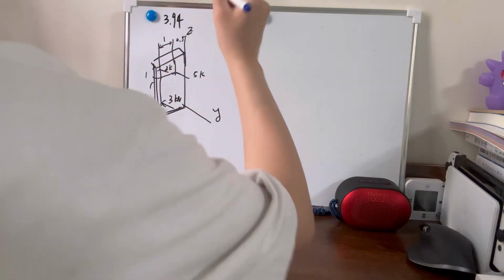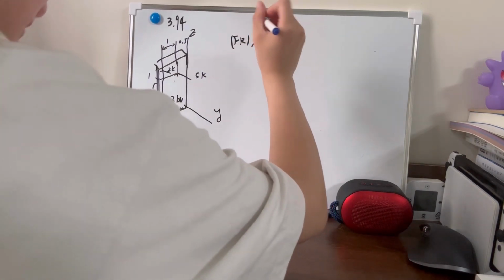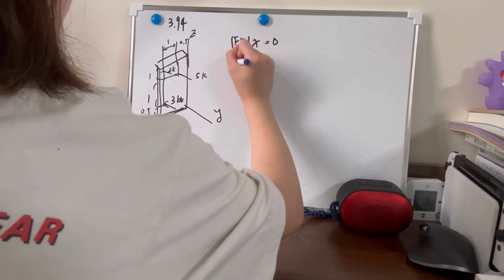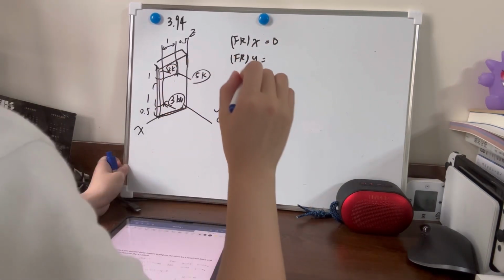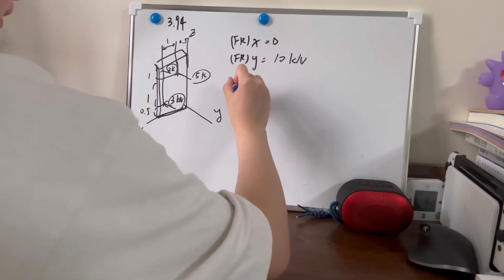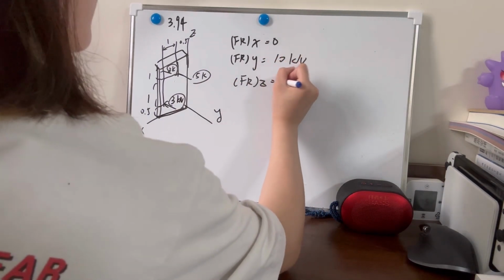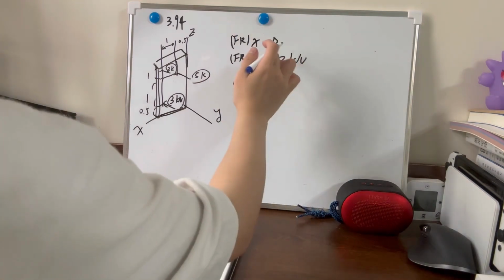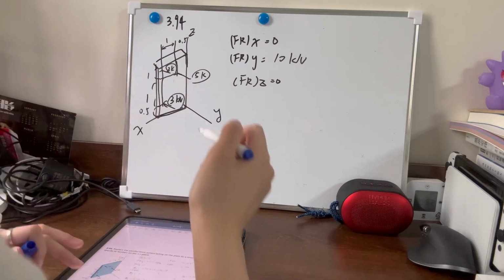And now we know the FR X force is 0 and the FR Y force is this plus this and plus this, so it's 10 kN. And the FRZ is also 0 because we don't know any force on the Z plane, and we also don't know any force on the X plane.